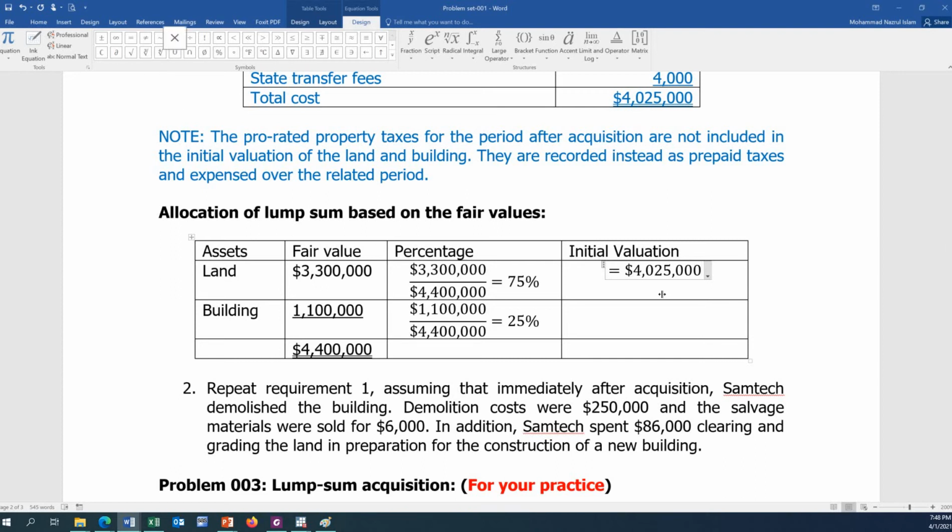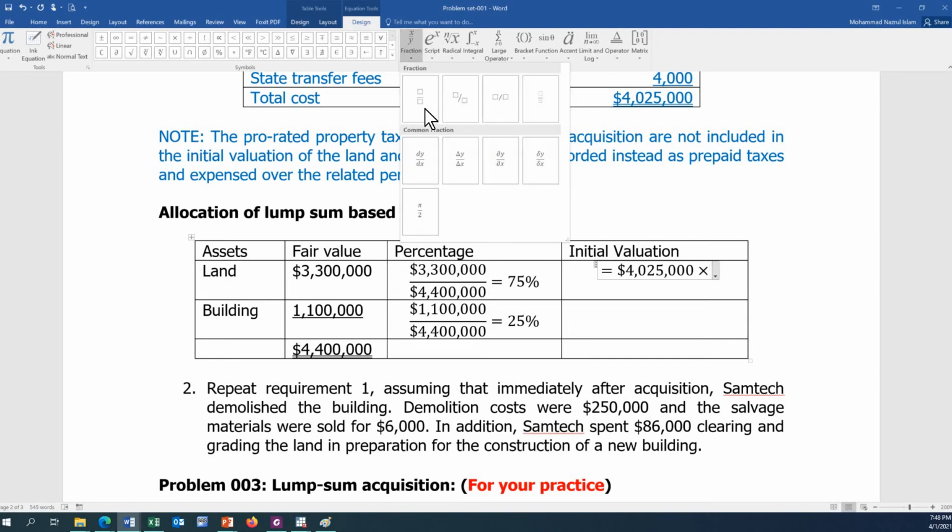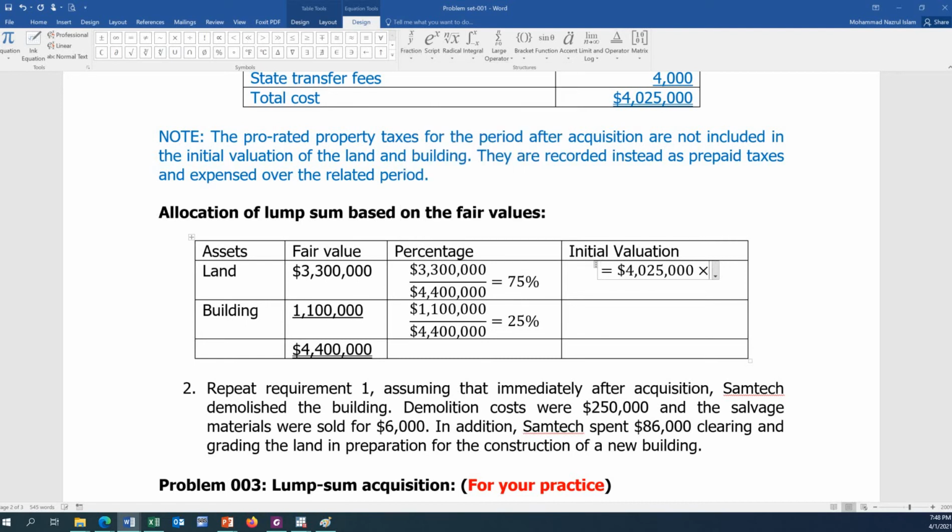And now it would be 75%, which is equal to 3,018,750. Okay, I can delete this one.